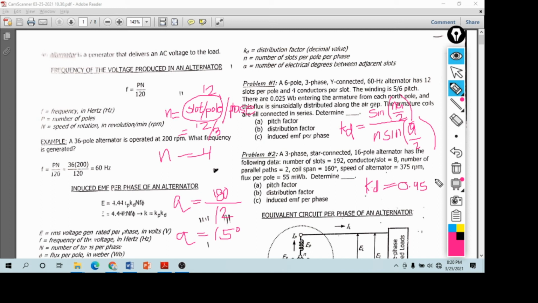Your KD, distribution factor. So that is your KD.